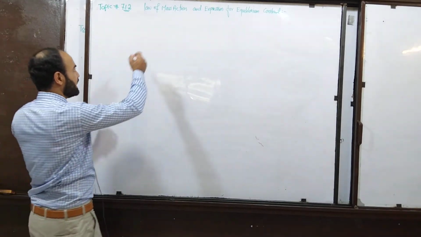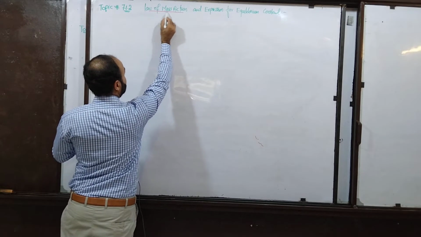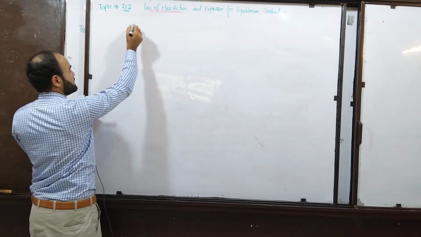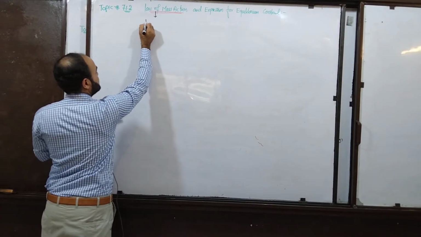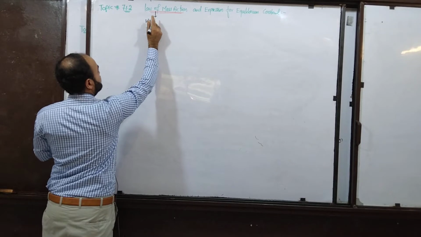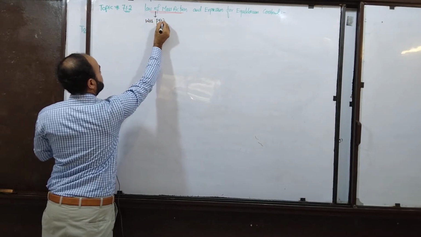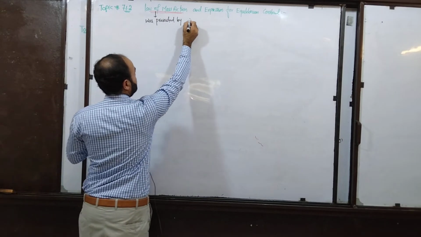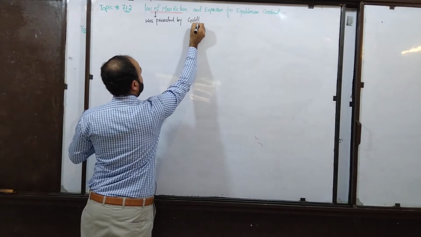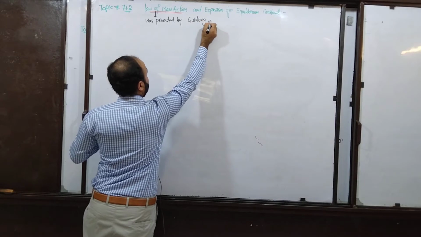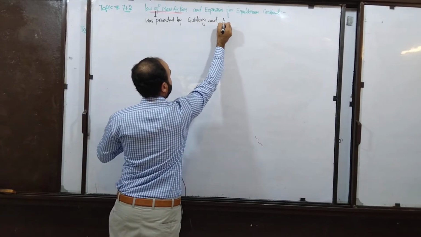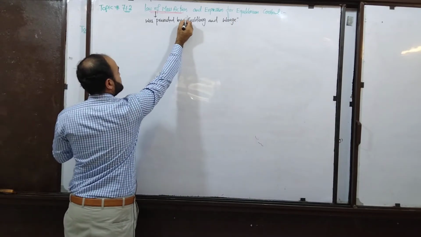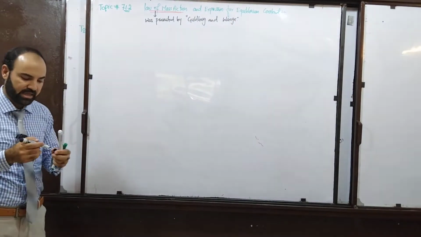The law of mass action was presented by two scientists, Goldberg and Waage. These two scientists presented this law.